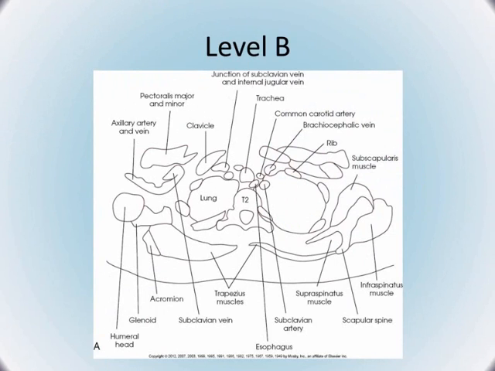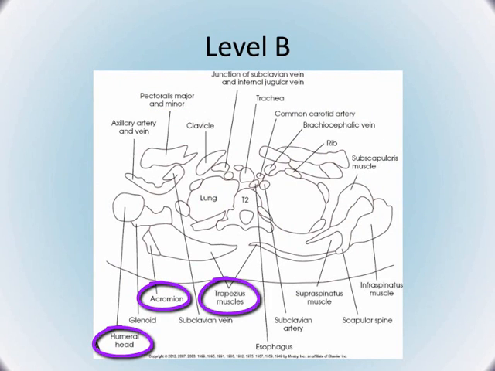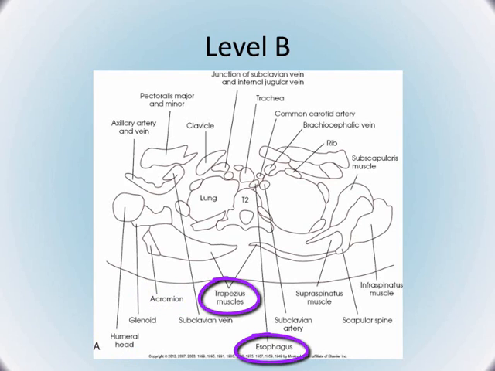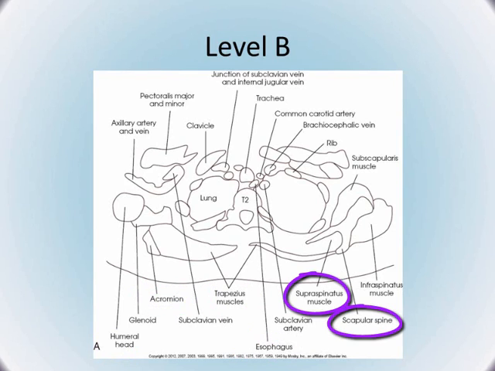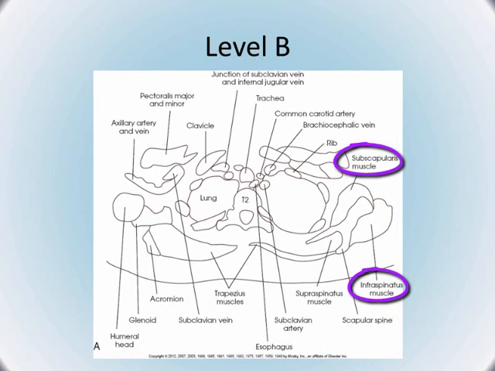We're at the level of T2 vertebra, so we can look at the lung, the pectoralis major and minor, the humeral head, the acromion, the trapezius muscles, the esophagus, supraspinatus muscle, scapular spine, the infraspinatus muscle, the subscapularis muscle, the rib, and the trachea.